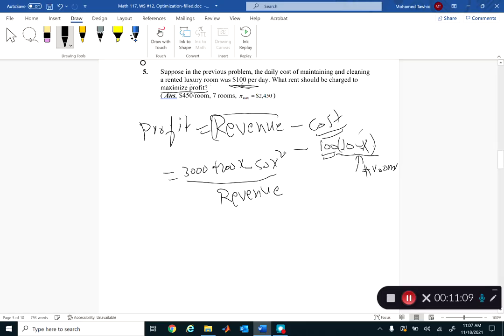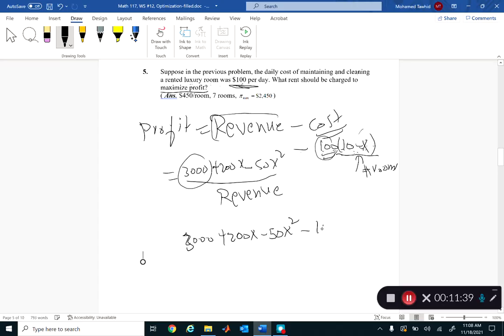So you have 3,000 here, and 100 multiplied by 10 gives 1,000. 3,000 minus 1,000 gives 2,000. Then 200x, and minus 100 multiplied by negative x gives plus 100x. Simplifying slowly: 200x plus 100x gives 300x, and minus 50x squared.